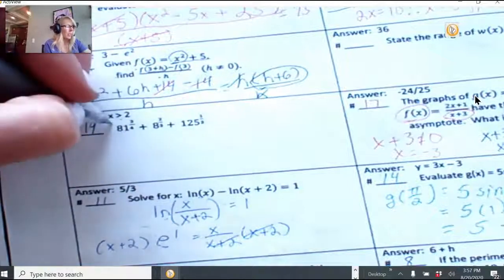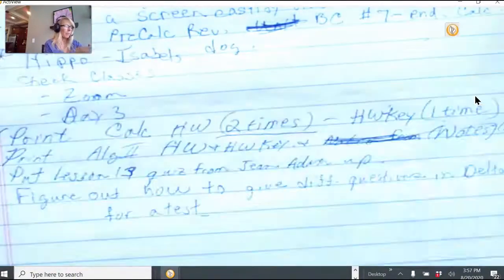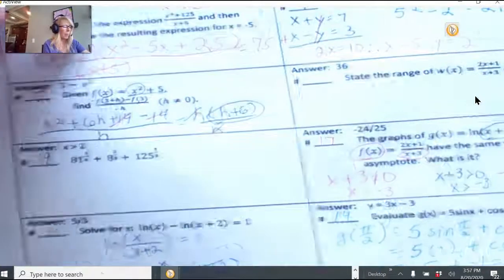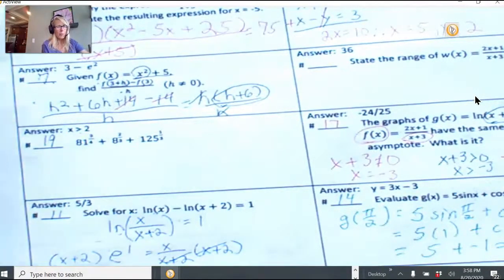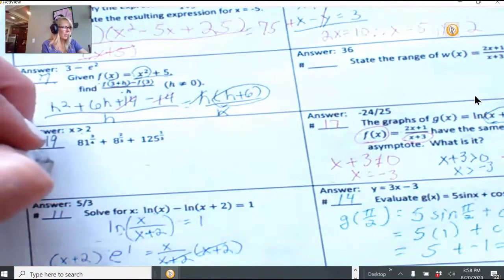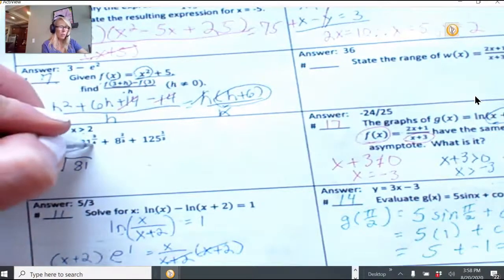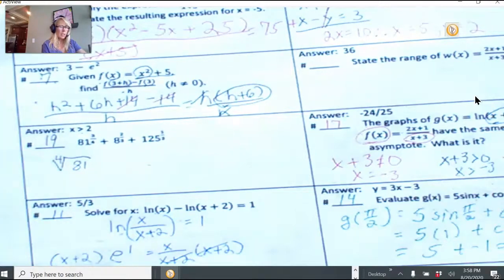All right. So you can plug this in the calculator and get this, but remember what this stated at the very top: no calculator. So I don't want you to use one. I really don't. I want you to be able to do it without one. Can you rewrite these terms in radical form? If you don't know these answers, rewrite it in radical form. That means that first one here, got the 81, that denominator for the exponent tells me that's my index.